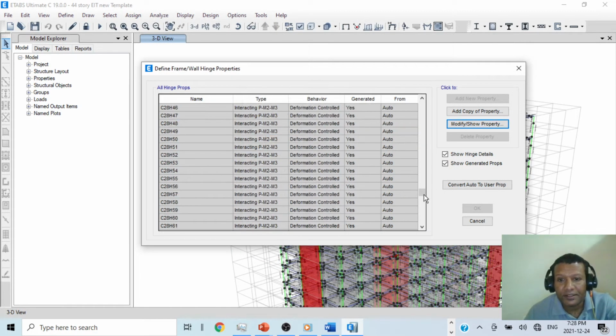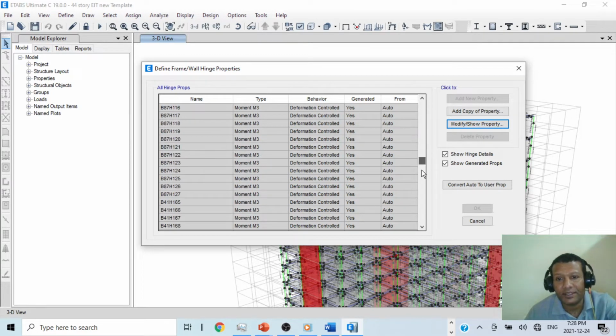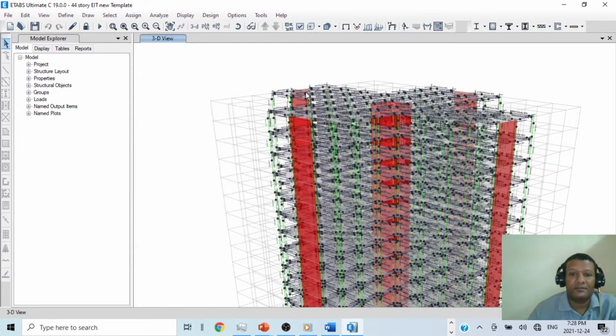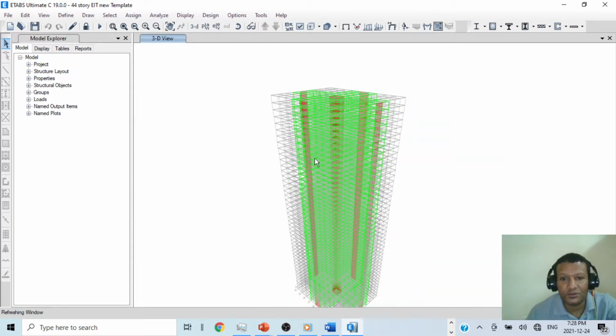So in this way, this is shortly how we make our structure from linear to nonlinear. It is very easy.